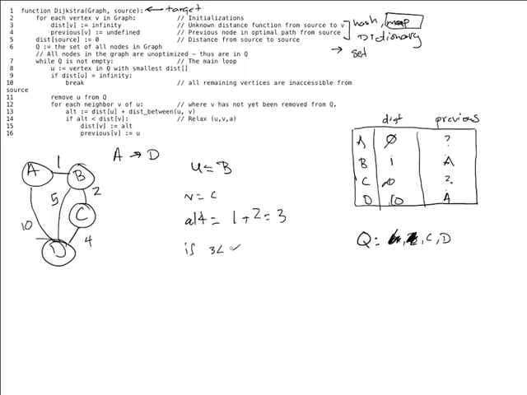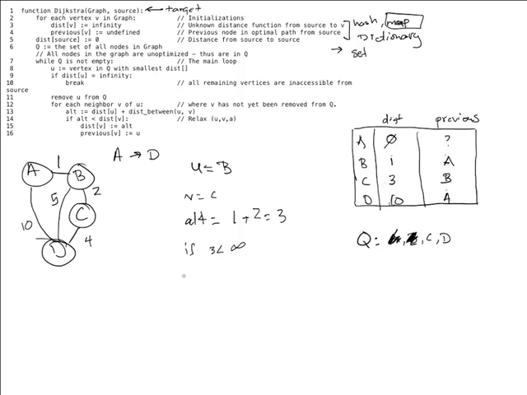Well, yes, it is. 3 is less than infinity. So now we're going to update our tables. We're going to update our C table. Our distance there is going to be 3, and our previous node is going to be set to B. Perfect.